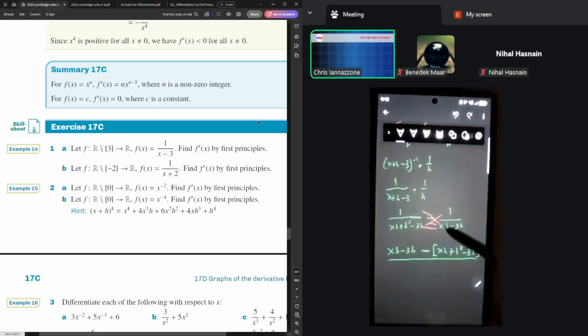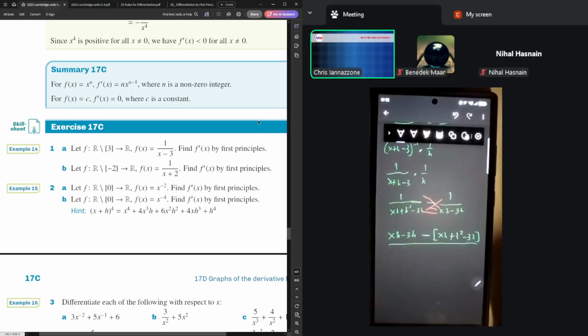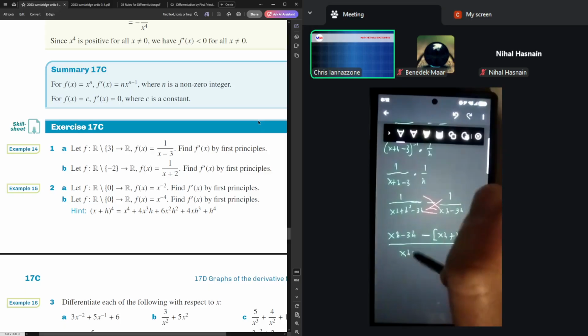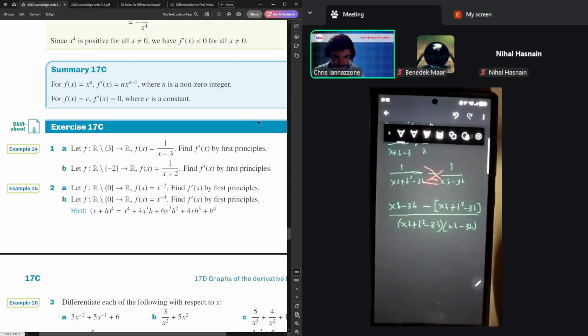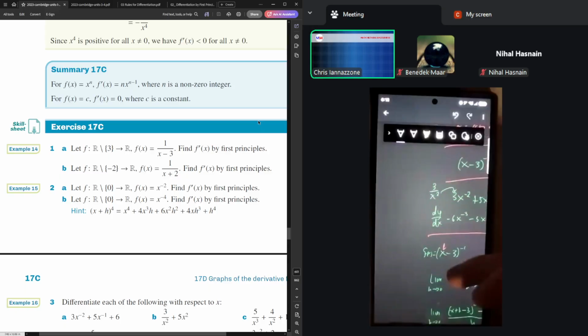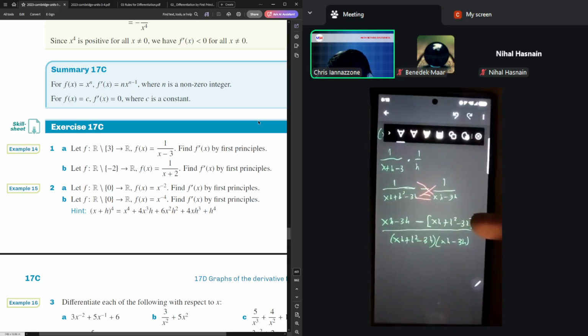And then on the bottom is now the product of those two terms: xh plus h squared minus 3h multiplied by xh minus 3h. From here, you just need to expand out that denominator. Actually, should you? Can you factorize the numerator instead? Because we want to have this all cancel down. What do we need to have happen? Its limit as h approaches 0. Can we just shove in h equals 0?